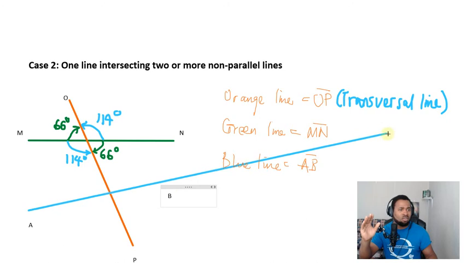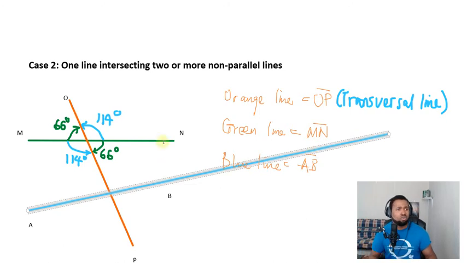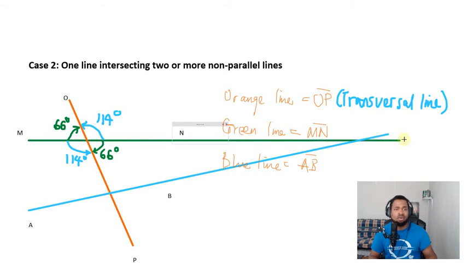At some point in the future when you extend the lines, you will notice that these two lines will meet somewhere around here. And so this is a great way to confirm that these two lines are not parallel, and they will always meet at a specific point, which is somewhere around here.